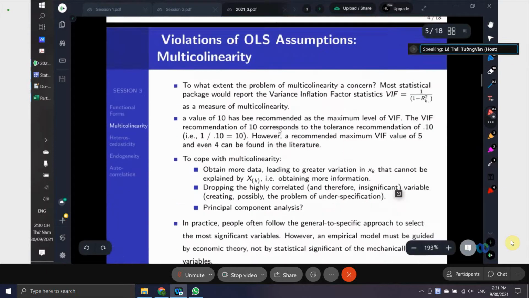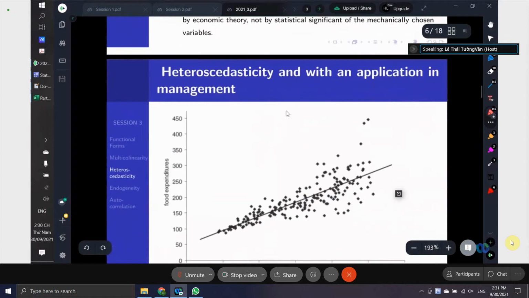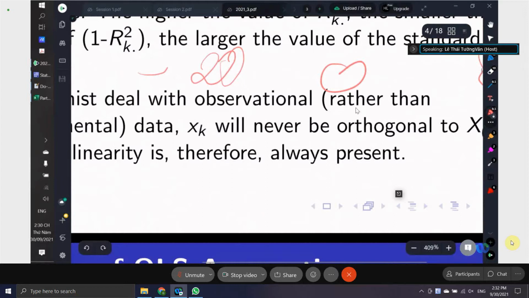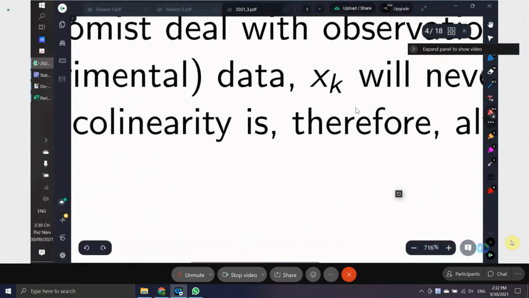So in Stata, they will calculate for you the quantity with the name VIF.